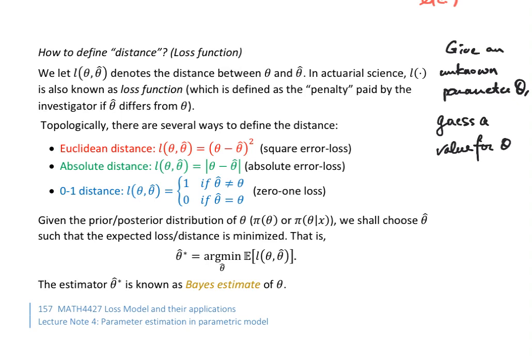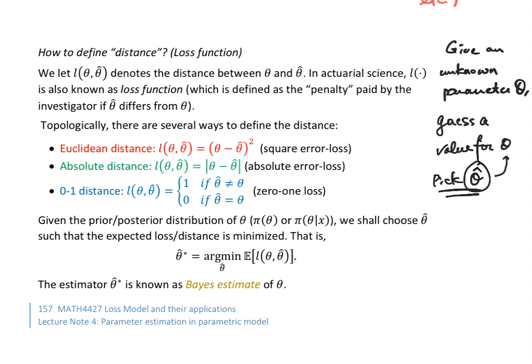That is, you try to pick a single estimate, theta hat, that will be used to approximate the value of theta. Now the question is, how do we make this guess?